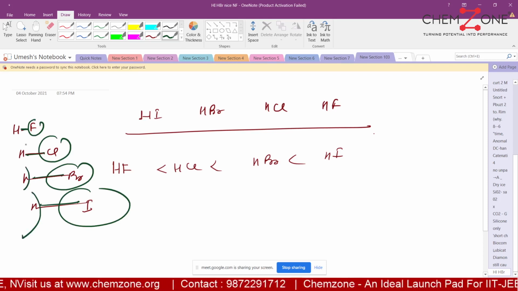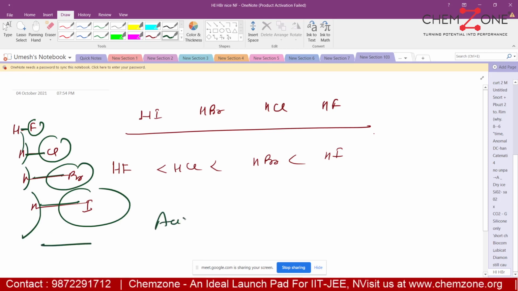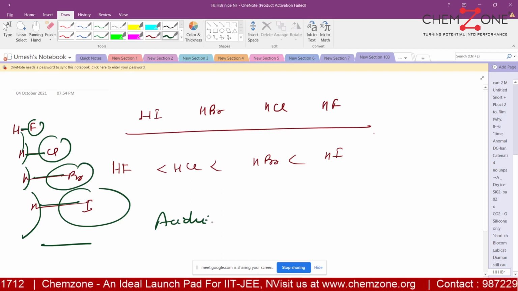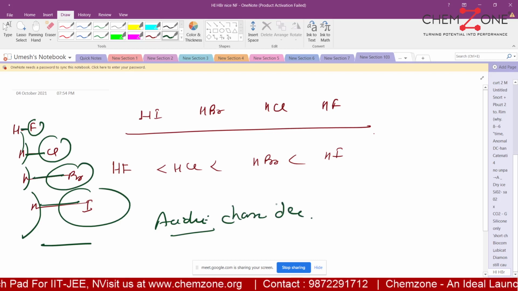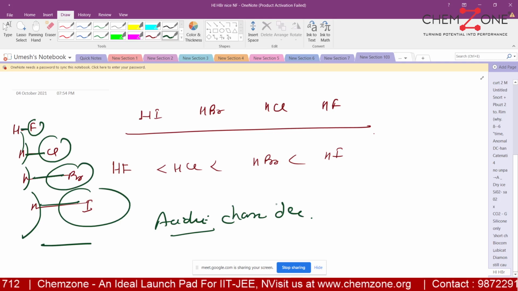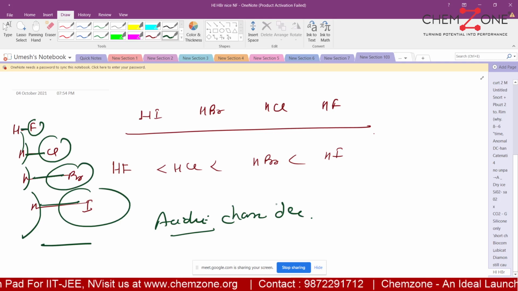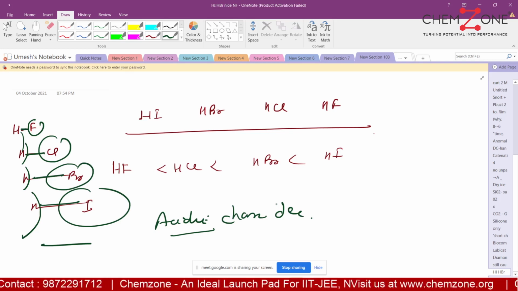So the tendency to give H positive ion will increase, and that is why the acidic character increases down the group. Understood? Yes or no?